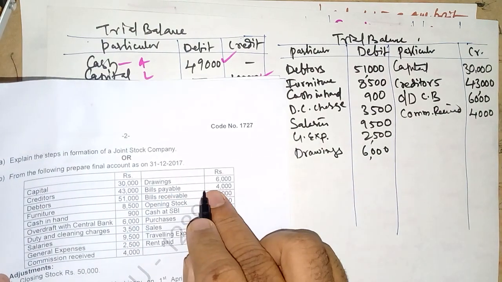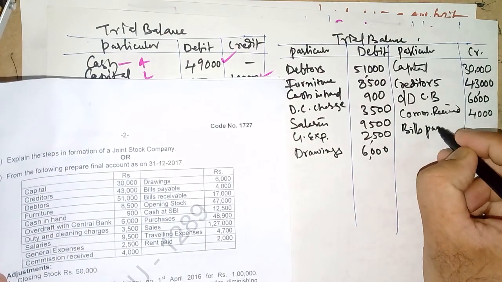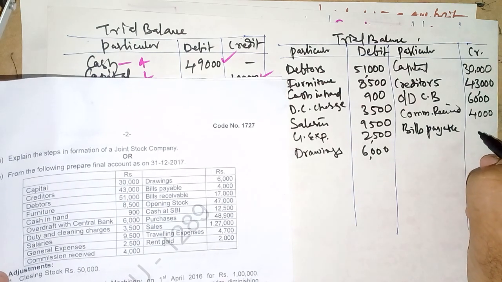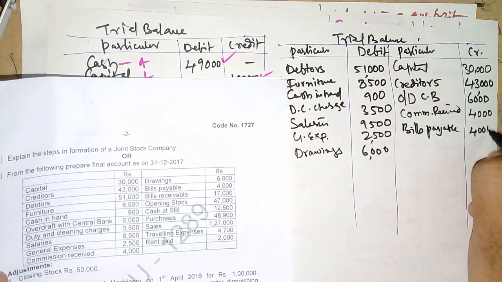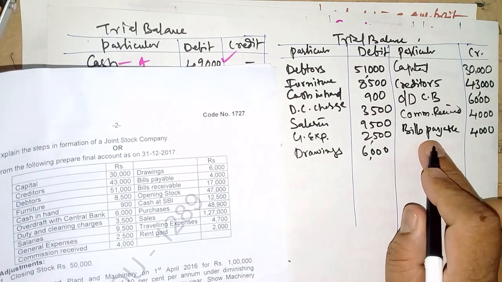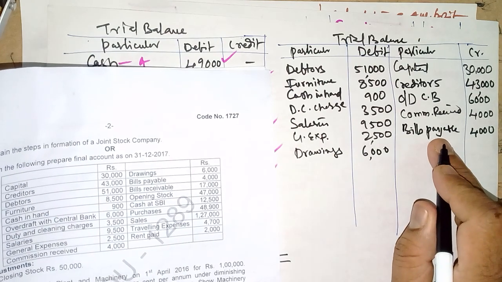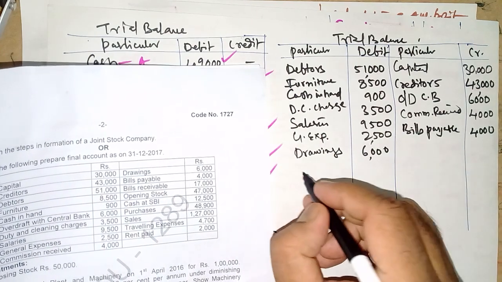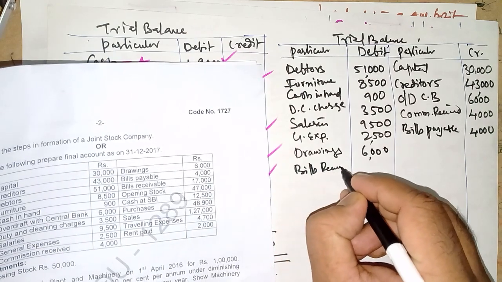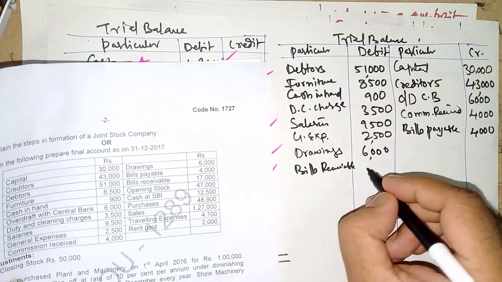Bills payable is a liability, credit balance, 4,000. Bills receivable is an asset. On credit purchases bills payable are created; on credit sales bills receivable are created. Bills receivable, 17,000.